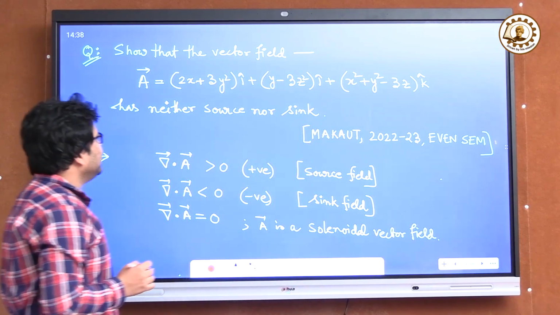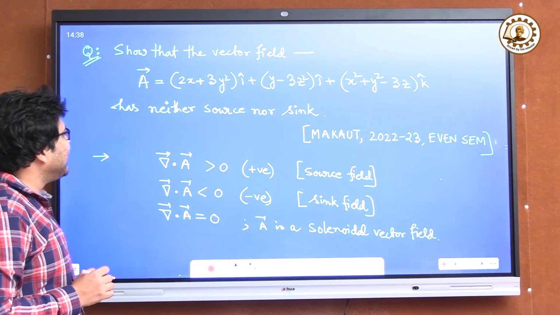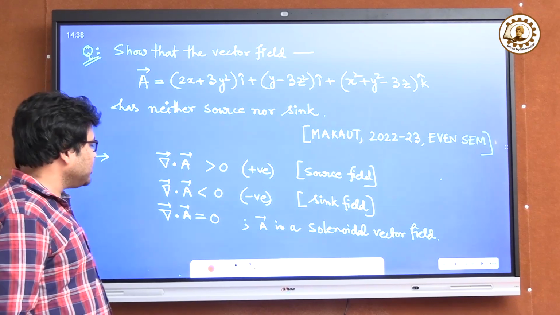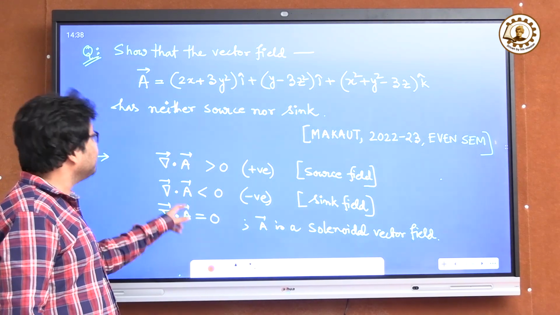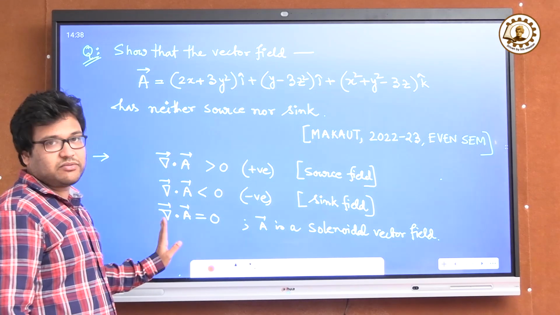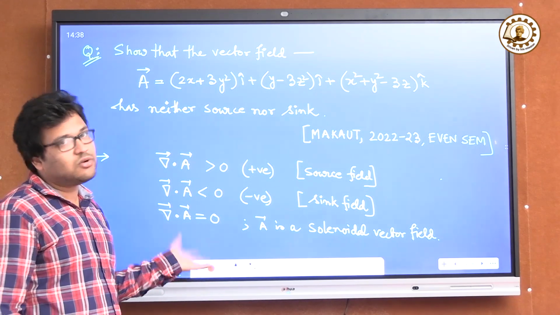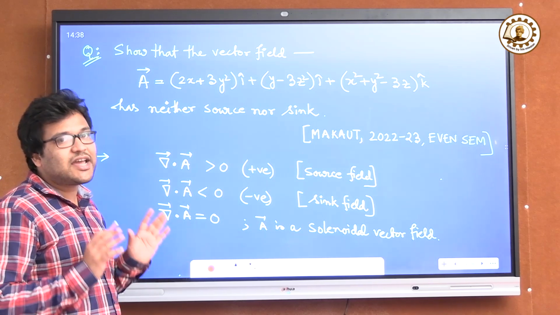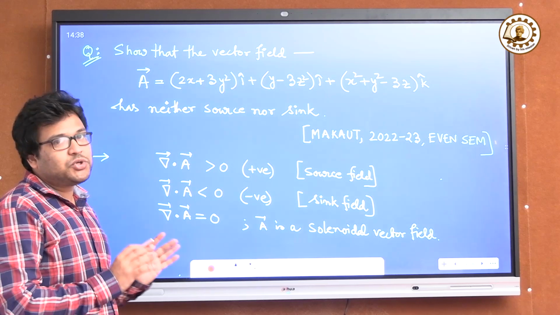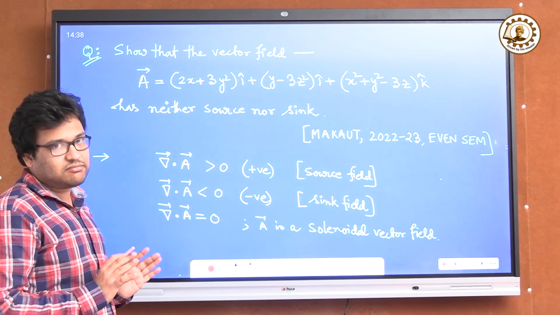In the given question, we have to show that A vector has neither source nor sink. That means we have to show that the divergence of this given vector field A is simply equal to 0. So we just have to take divergence over this given vector, and show that it leads to a 0 result. So let's start.